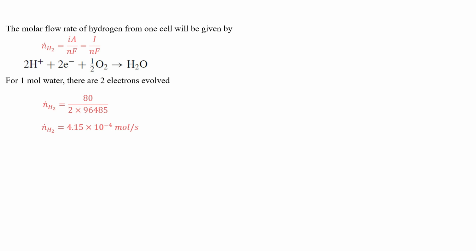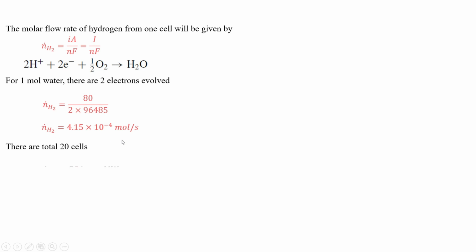This is the amount of water generated in mole per second. We have 20 cells. This is the amount of water generated from one cell, but we have a total of 20 cells. So we will multiply the water generated from one cell by 20.